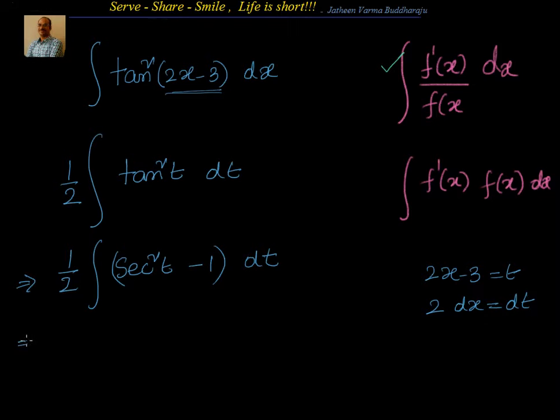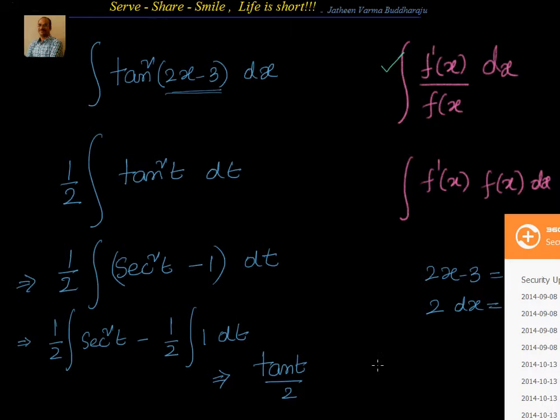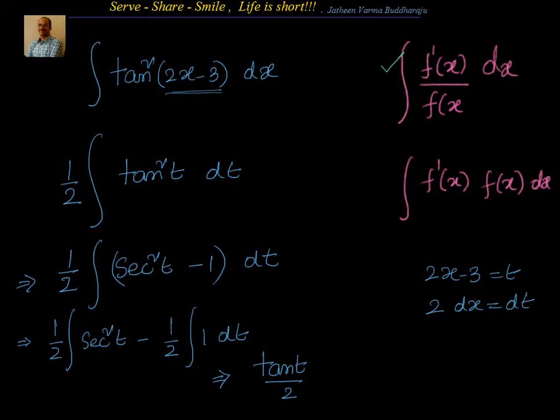That's equal to, now we'll separate them, half into the integral of secant square t minus half into the integral of 1 dt, which is equal to, we know the integral of secant square x is tan x, so I can say tan t divided by 2 minus, the integral of dt is t, so t by 2, plus c.